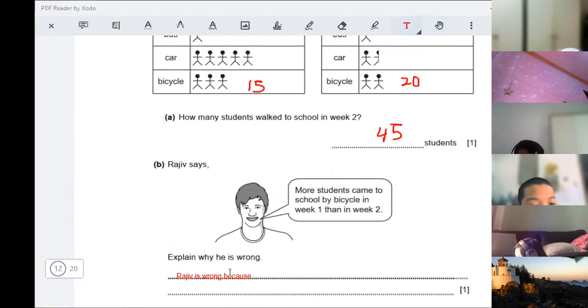How do we explain it? The picture in week 1 represents 5 students, but week 2 shows 10.